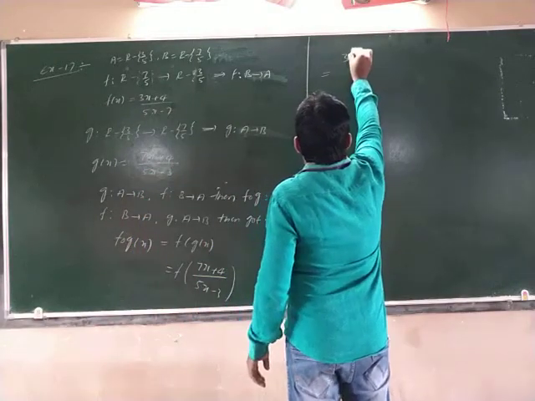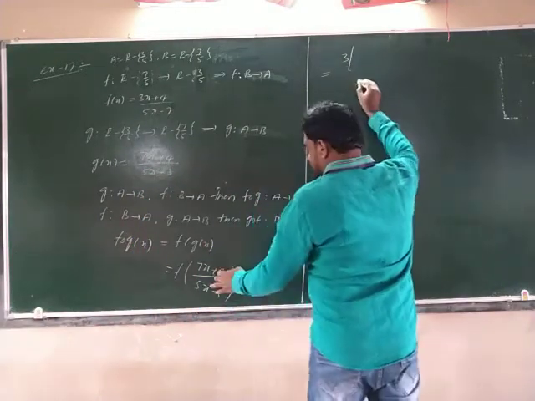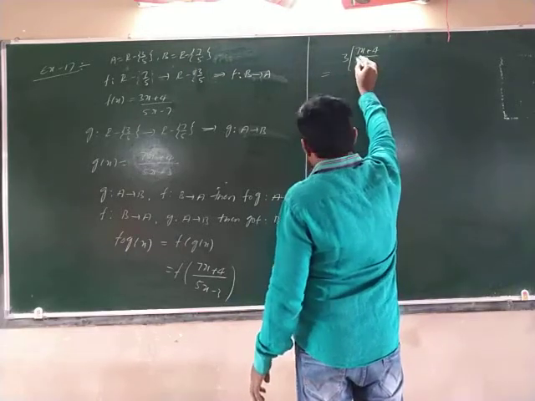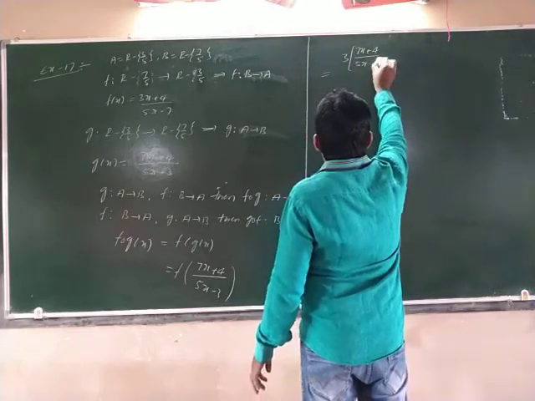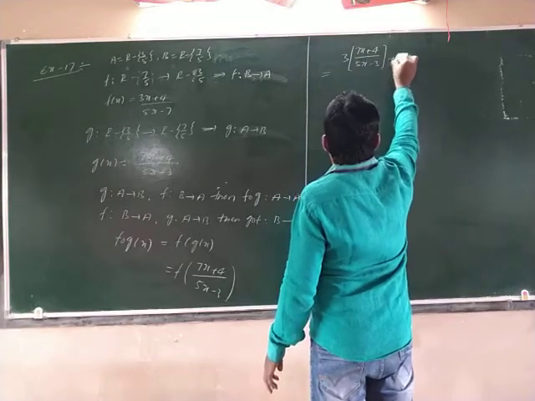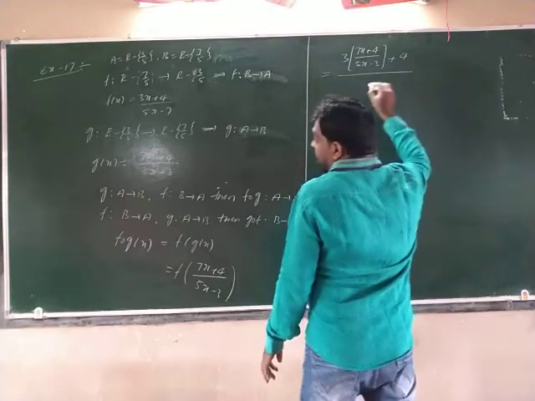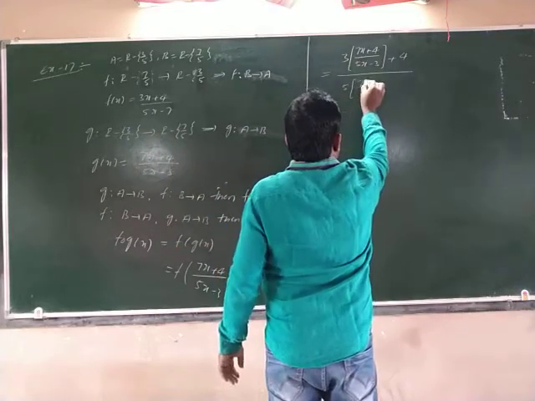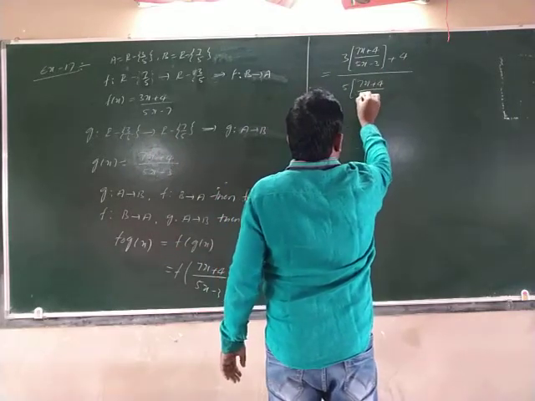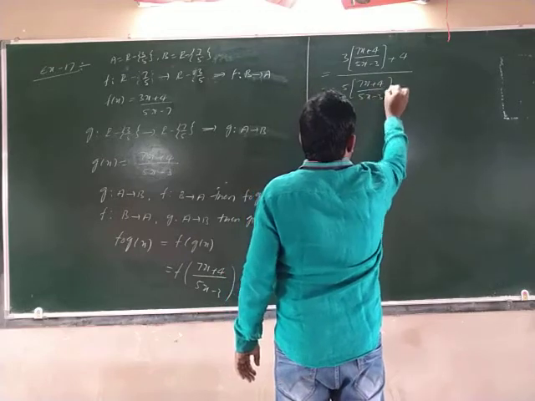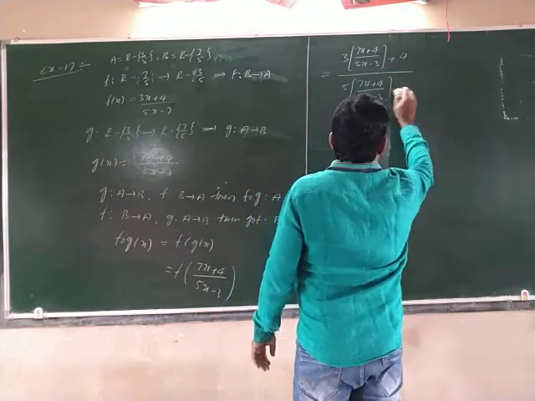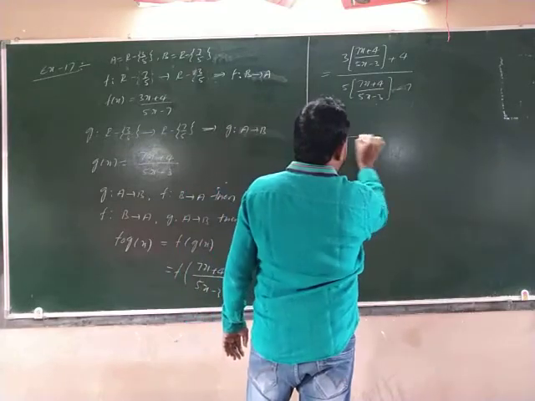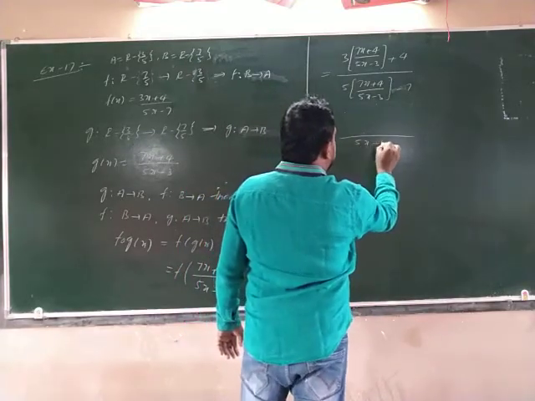What are we getting? 3 into x, where x is (7x plus 4) divided by (5x minus 3), plus 4, all divided by 5 into x, where x is the same fraction, minus 7. You simplify this one. What is the LCM? 5x minus 3.